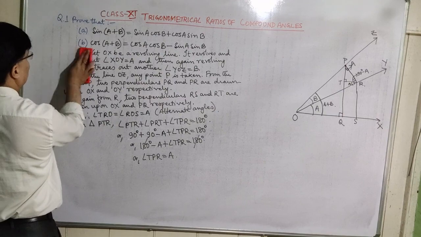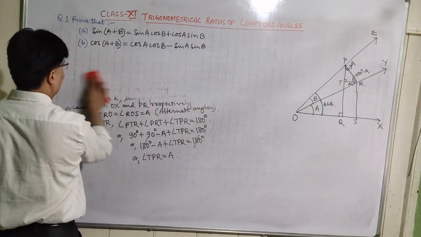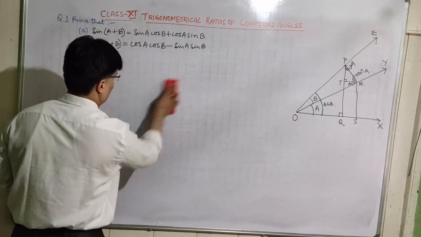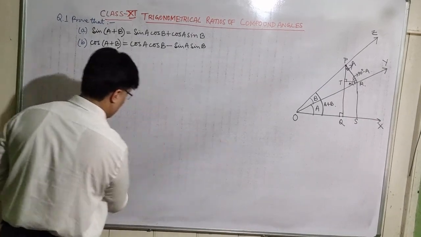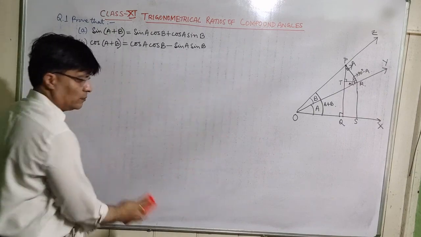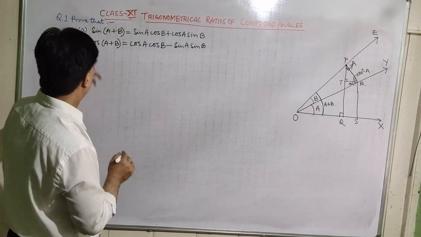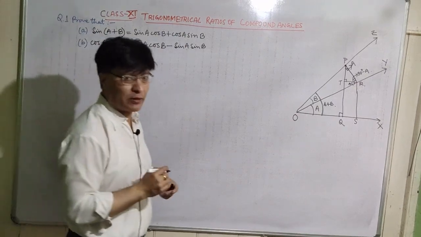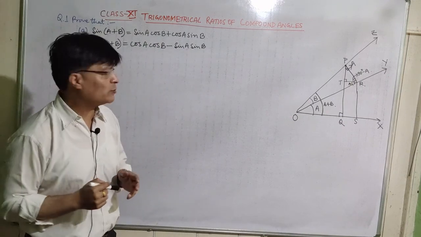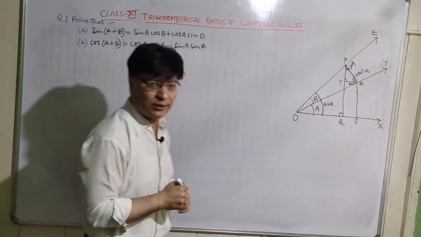So now let us prove first sine of A plus B, right? So now first of all you prove sine of A plus B. So in order to prove both the formulae, sine of A plus B and cos of A plus B, you have to consider a right angle triangle POQ, right?